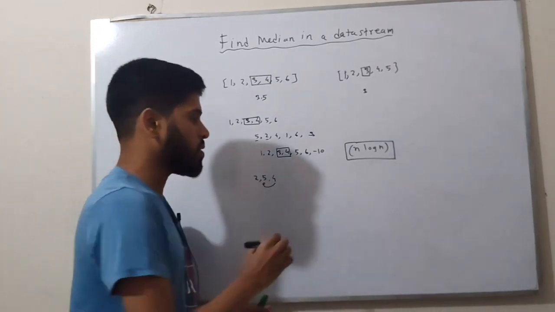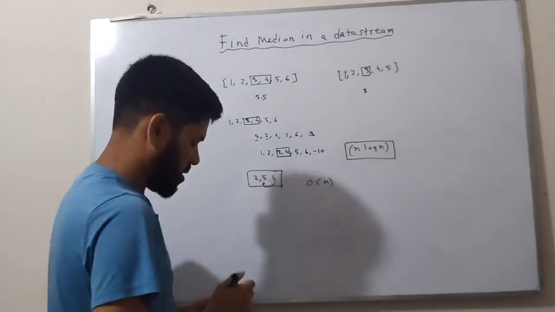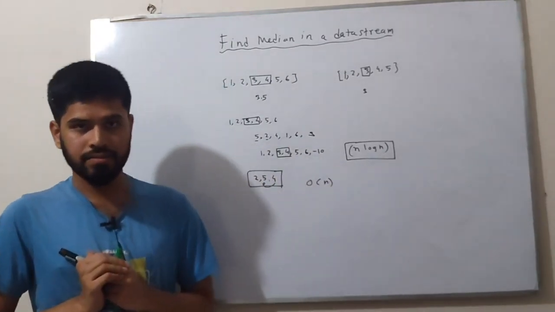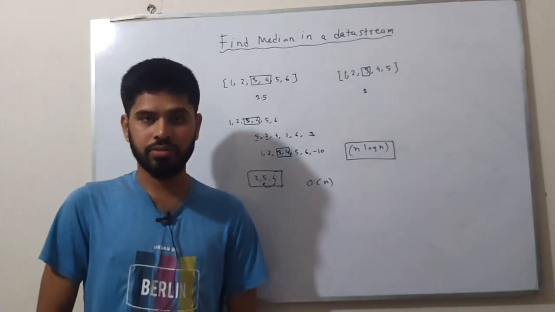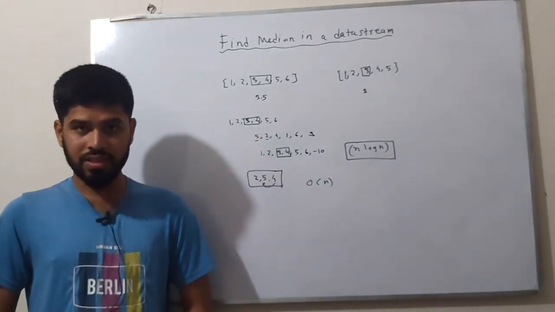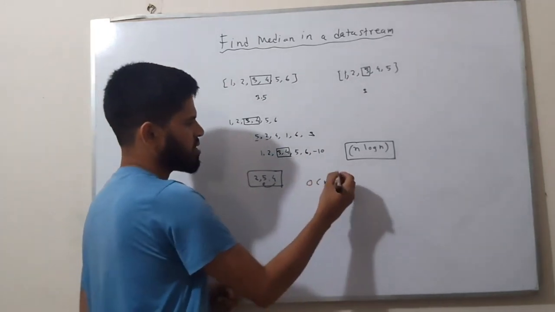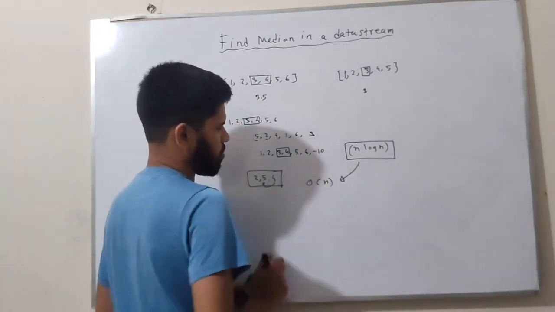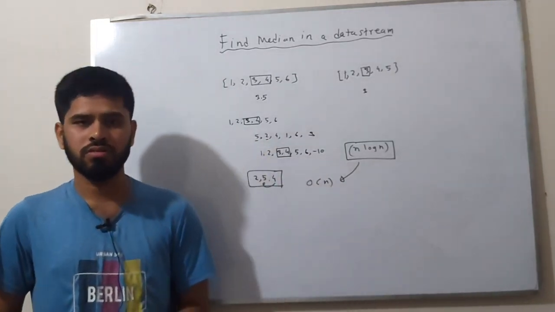We can do it in O(n) time. We can sort it in O(n) time, since we are adding one element at a time in our stream. Is this efficient? This is more efficient than linearithmic, but still this is not an efficient solution.